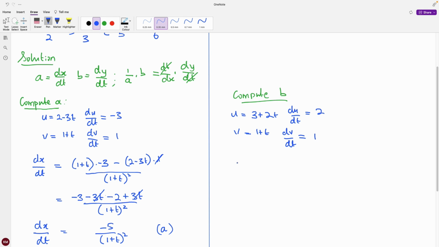Applying the quotient rule as before, we are going to get our dy by dt, right?